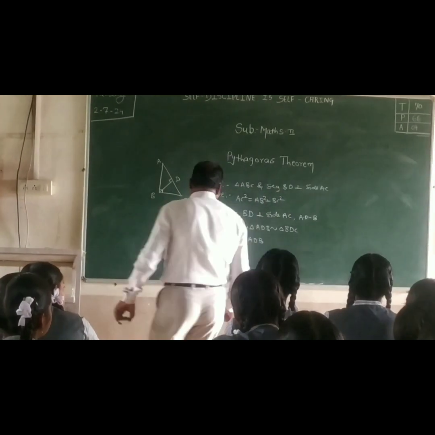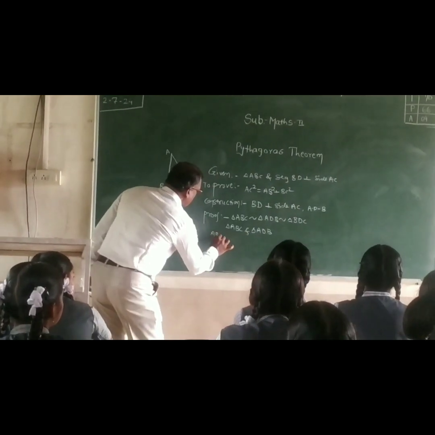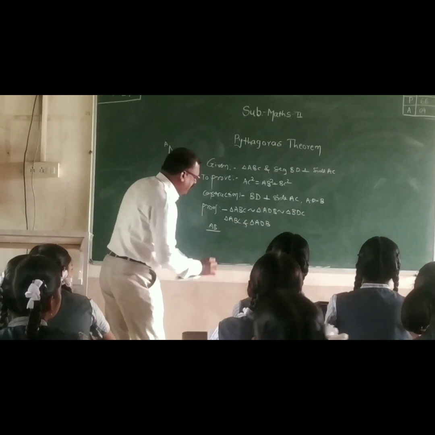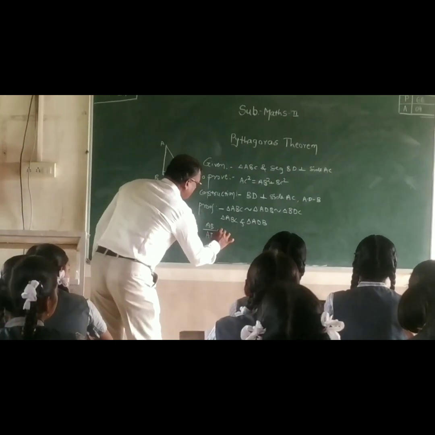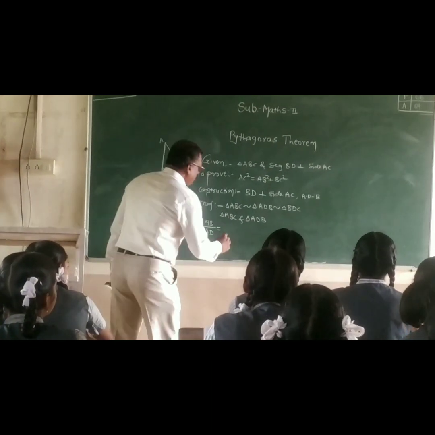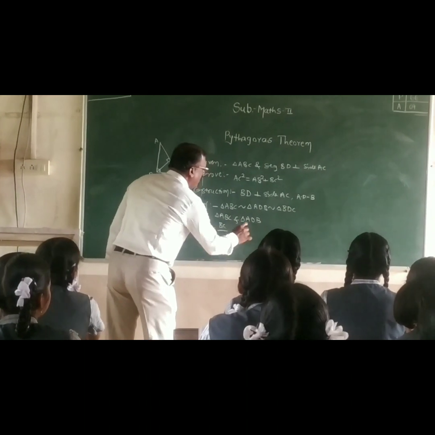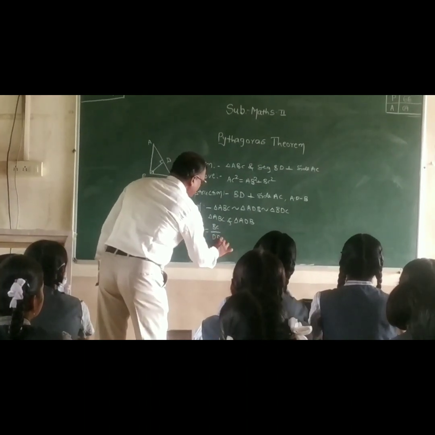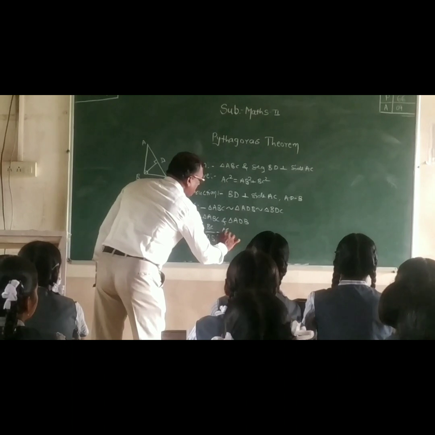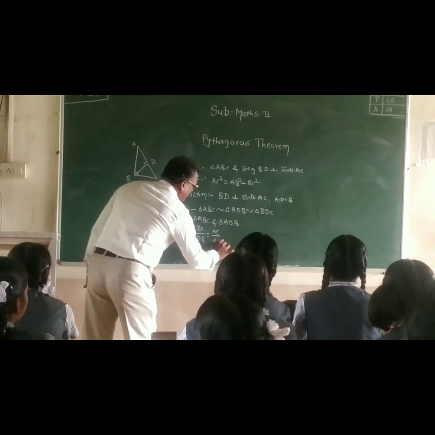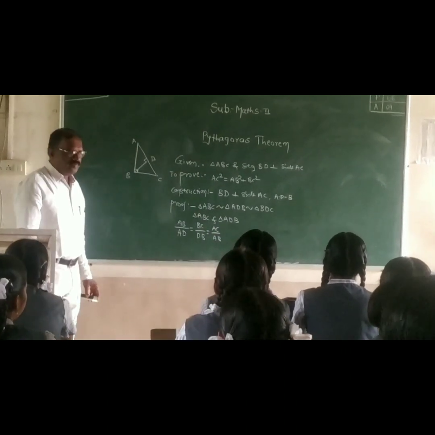So AB upon AD is equal to BC upon BD and AC upon AB.